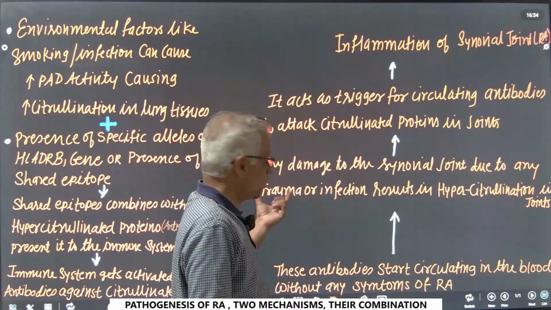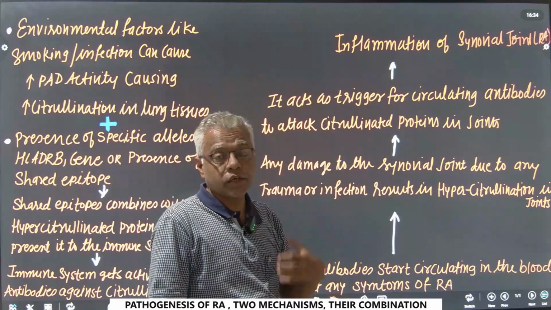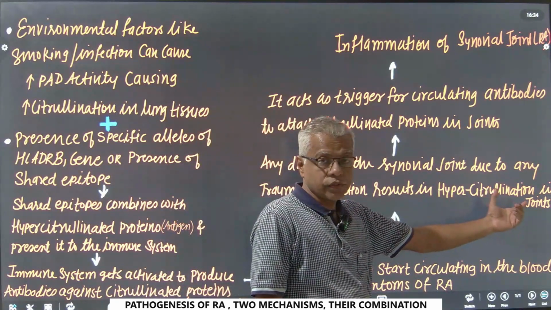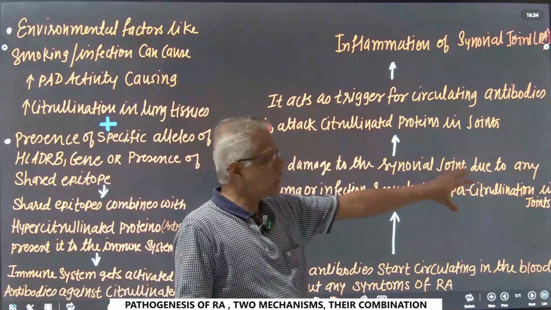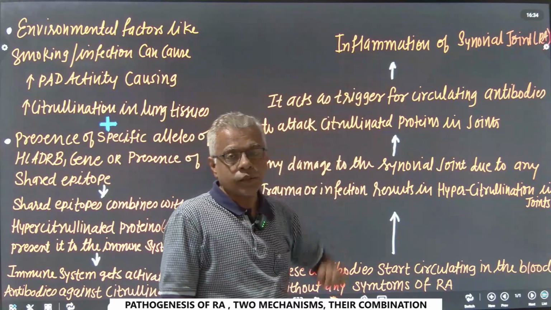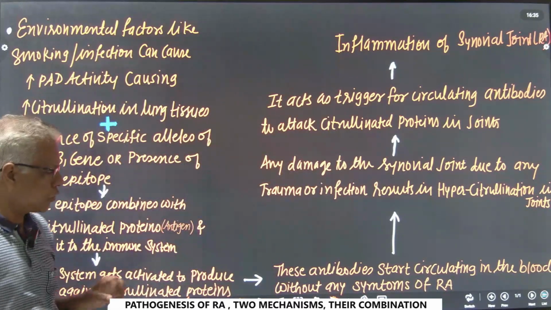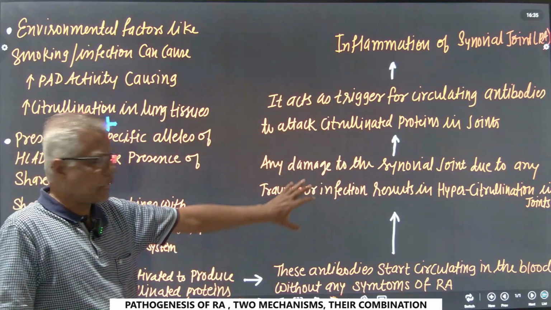Once the synovial joint gets any trauma or infection, that results in hypercitrullination in the joint, and then these circulating antibodies attack these hypercitrullinated proteins and cause inflammation of the joint. We get the disease we call rheumatoid arthritis. So this has been one mechanism.